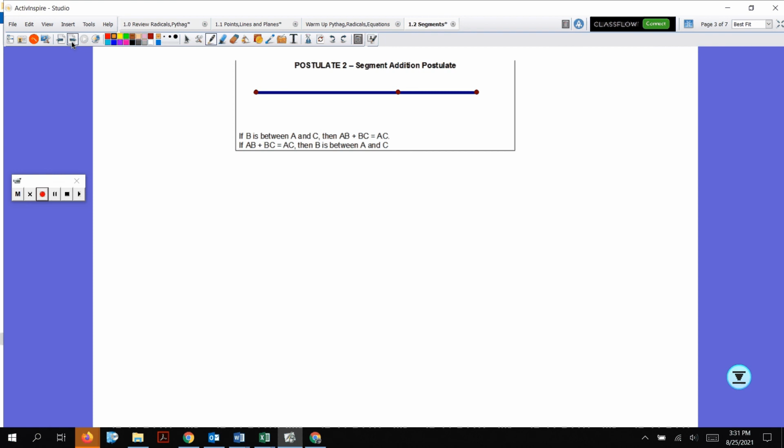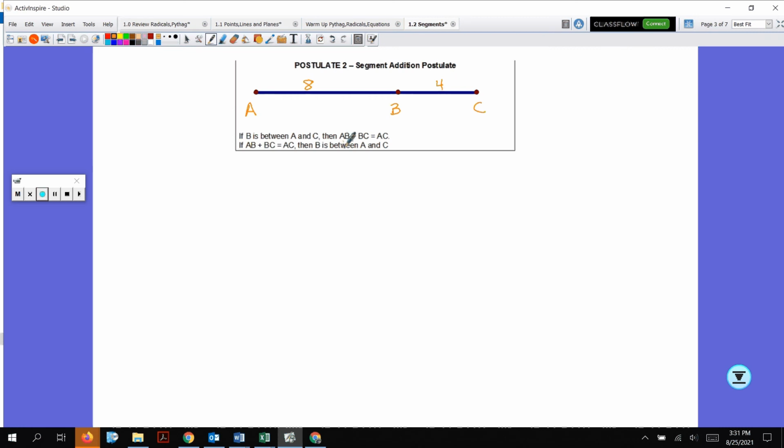Postulate 2, segment addition postulate, okay? So I'm going to give you the numbers, all right? I'm going to say that this is point A, this is point B, and this is point C. I'm going to say that between A and B is 8 units, and between B and C is 4 units.